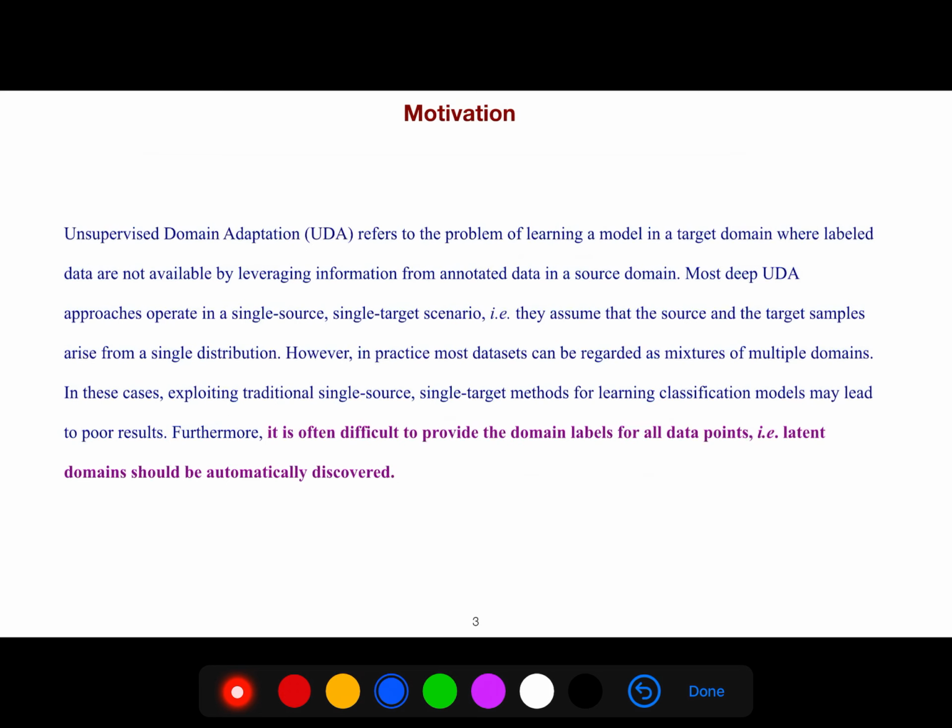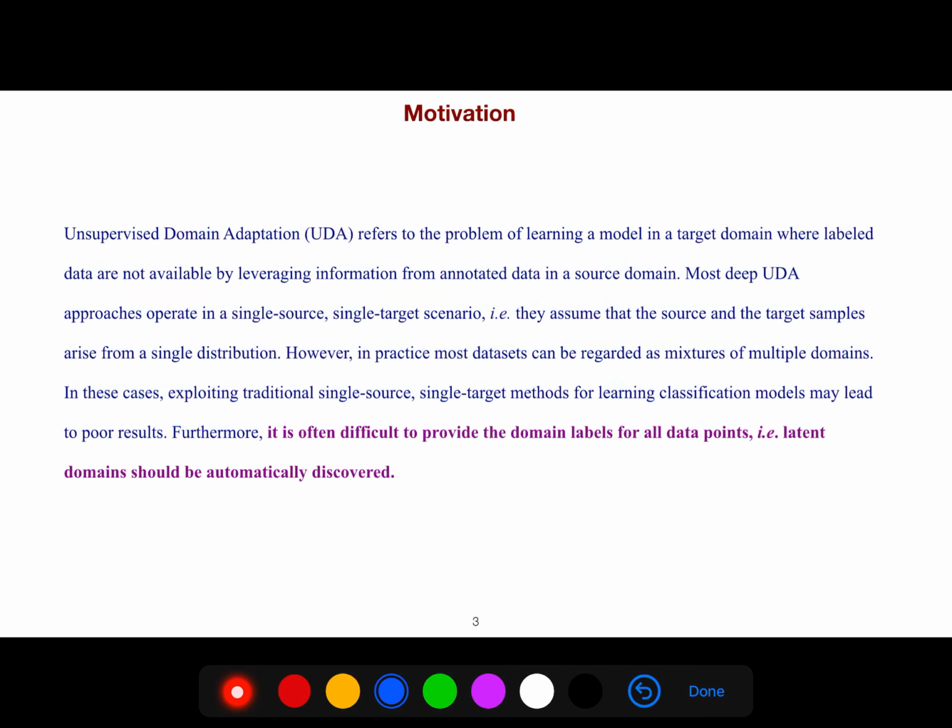unsupervised domain adaptation refers to the problem of learning a model in a target domain where labeled data are not available by leveraging information from annotated data in a source domain. Most deep unsupervised domain adaptation approaches operate in a single source, single target scenario, where they assume that the source and target samples arise from a single distribution.